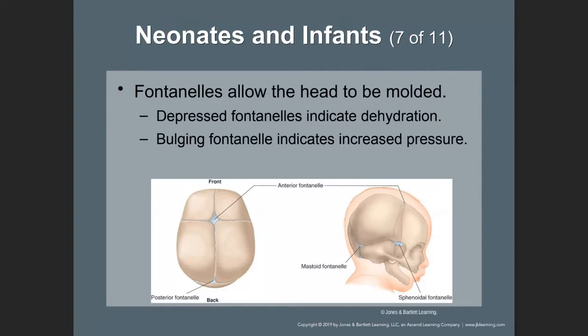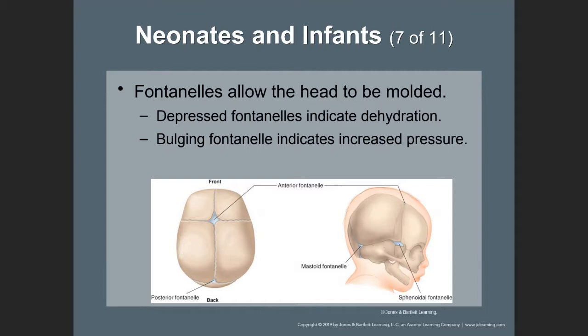Fontanelles allow the head to be molded, and these are spaces between the skull bones when the infant or neonate is born. It's a point that you will observe to determine if the neonate or infant is overhydrated or dehydrated.